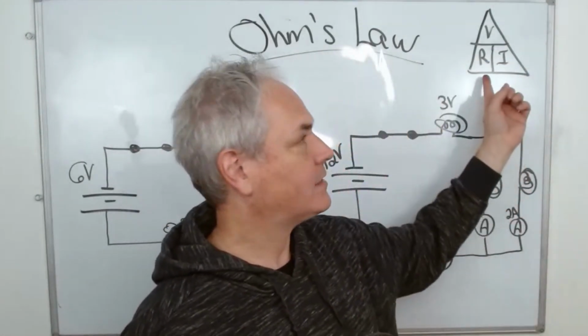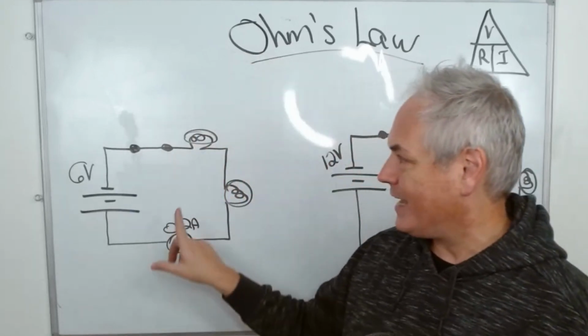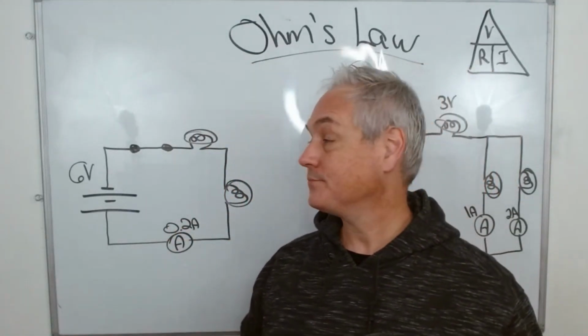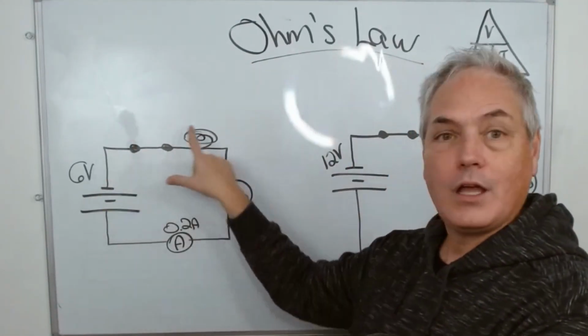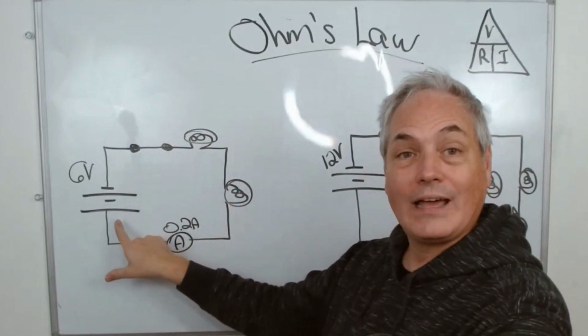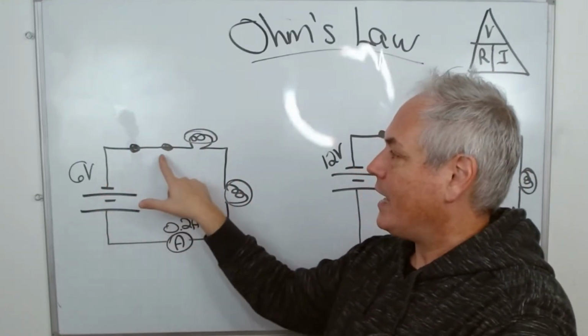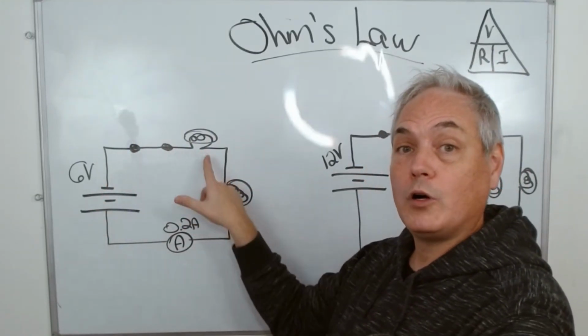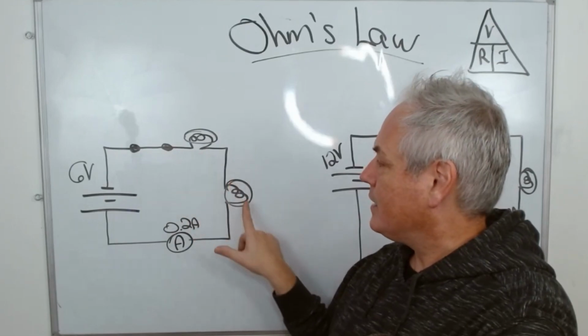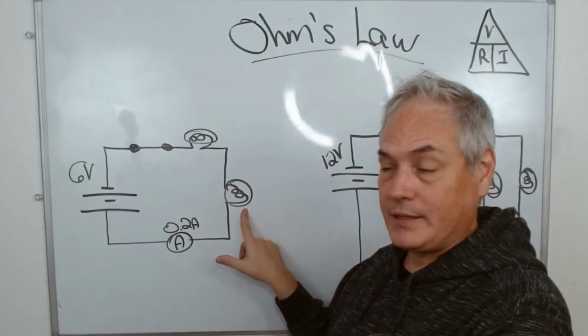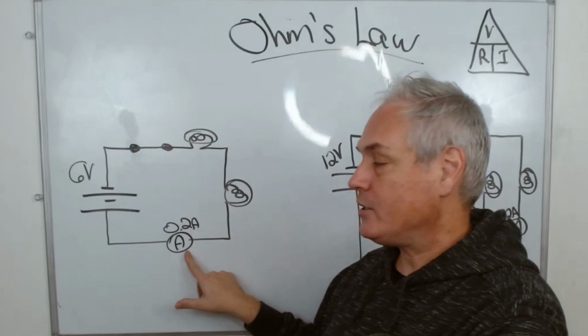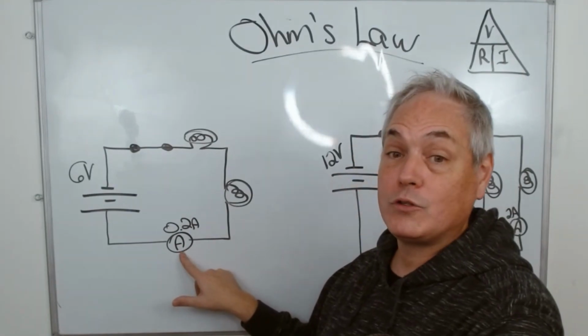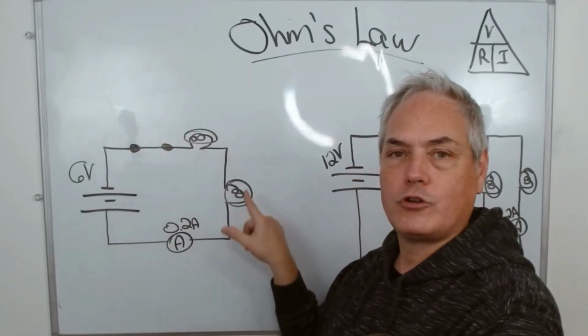So here to help us, I put a triangle right here, and let's see what we have. Here we have a series circuit. We have a source with 6 volts, a switch, and 2 bulbs that are identical. I don't have any information about them, but I have an ammeter that tells me that I have 0.2 amps going through the circuit.